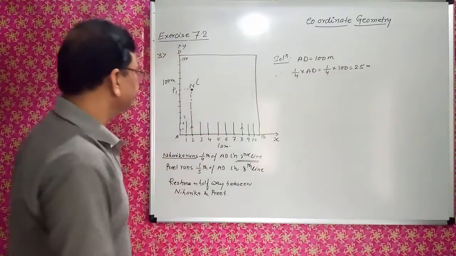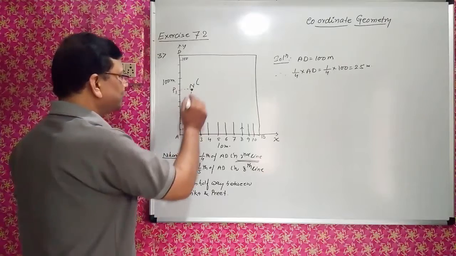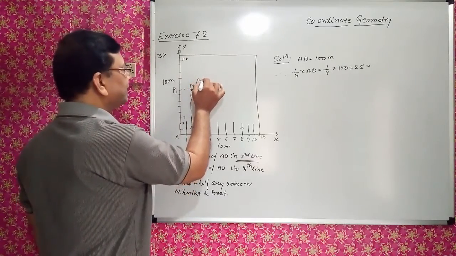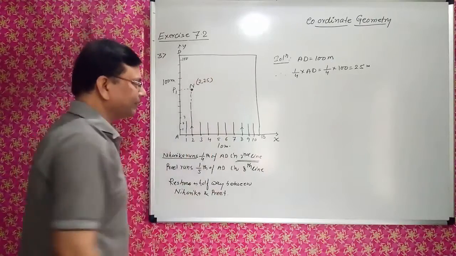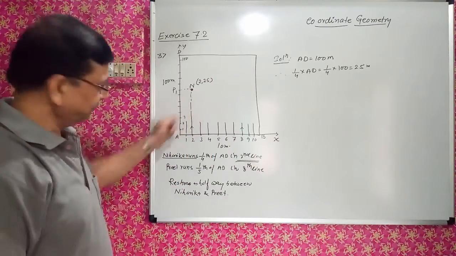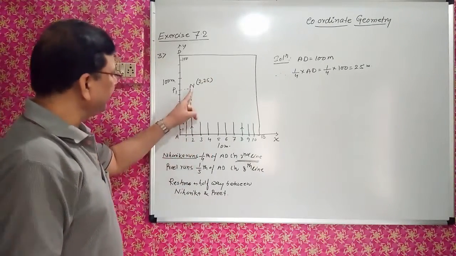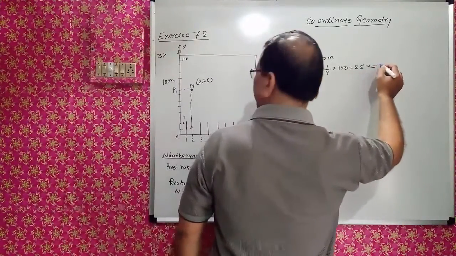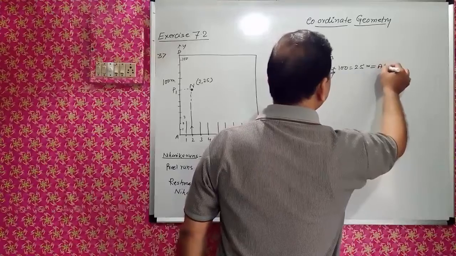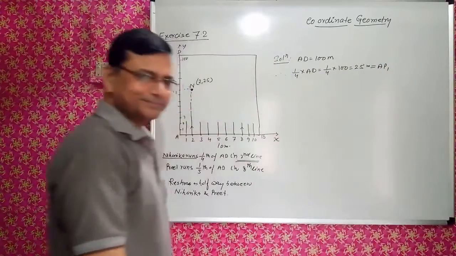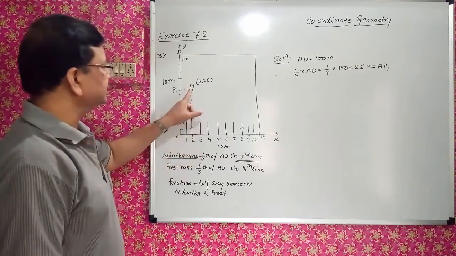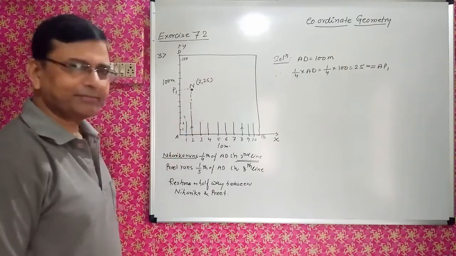That is 25 meter. So x is 2, y is 25. So I will write 2, 25. The coordinate of this, first x, then y. AP1 is 25. This is x, this is y, that is 2, 25.